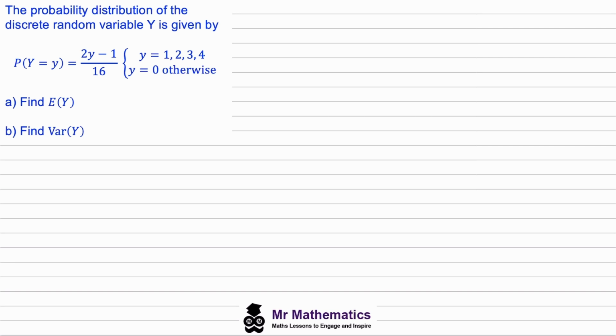Okay, so welcome back. So the first thing we need to do is to create our probability distribution table. We have our observed value y, and the probability of the random variable being equal to that observed value. And we know that y includes the values 1, 2, 3, and 4. Now we'll substitute each of these into our function.